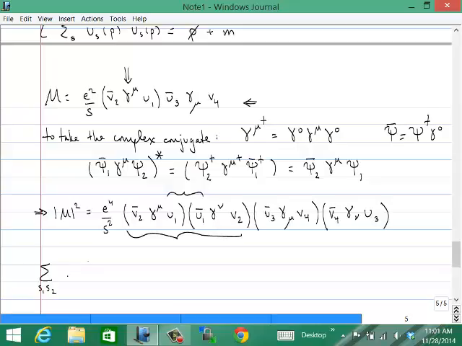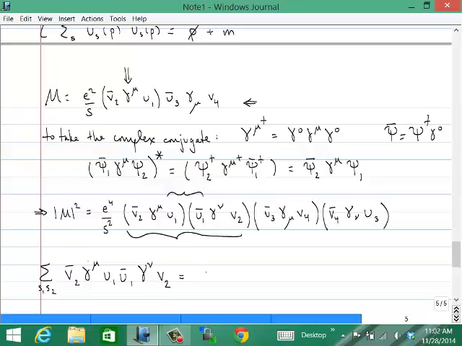So what do we have? We have a V bar 2 gamma mu U1 and a U bar 1 gamma nu V2. That quantity there is a scalar.